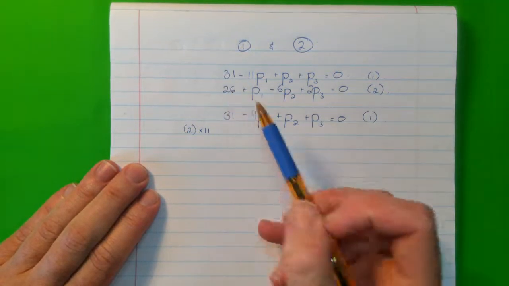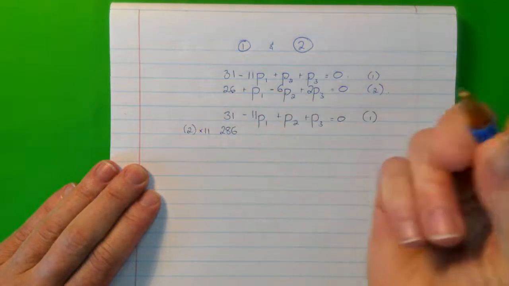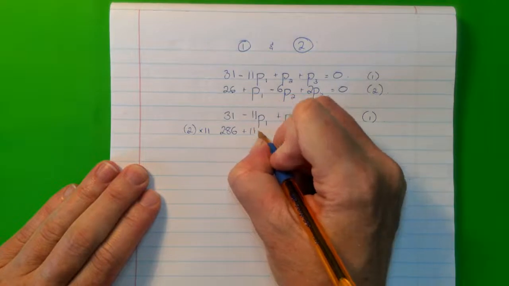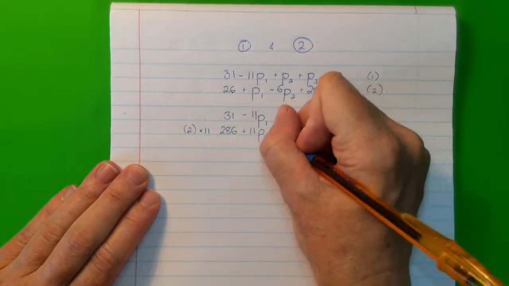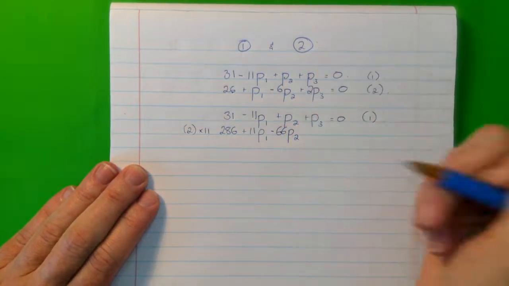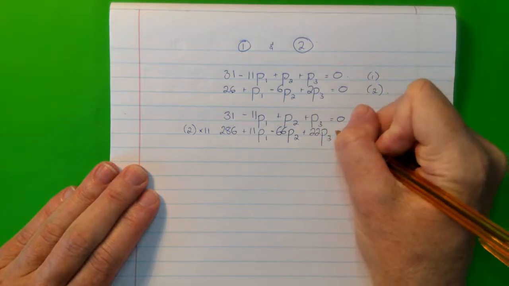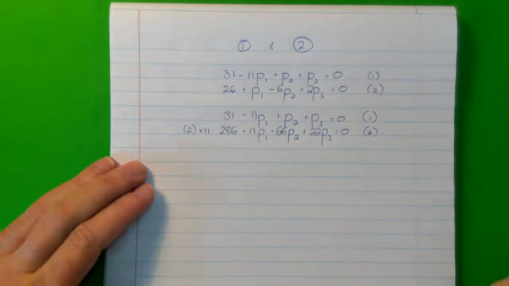So 26 times 11, we will get 286. 1 times 11, we're going to get plus 11 P1, minus 6 times 11, minus 66 P2. 2 times 11 plus 22 P3. Okay, and we'll call this equation 4.